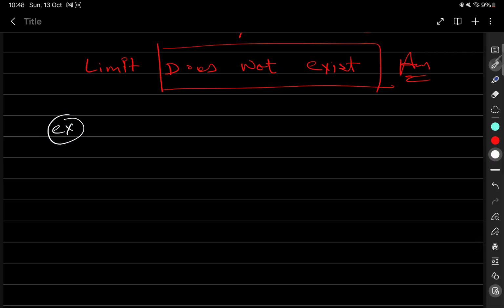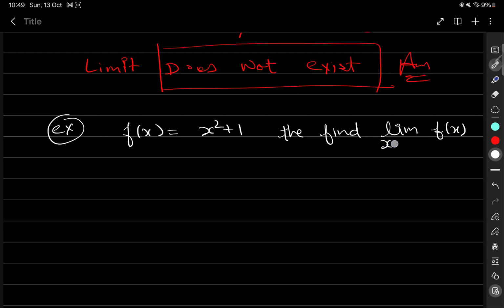Come to next problem. Any function f(x) is given that is equal to x square plus 1. Then find limit of f(x) when x is tending towards 2, right? Got it?